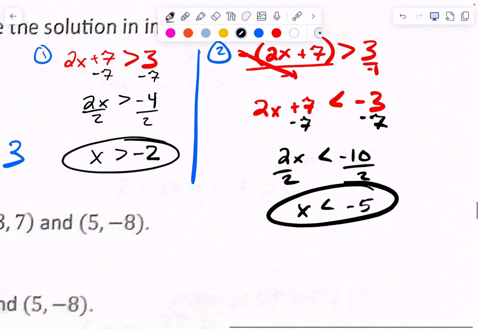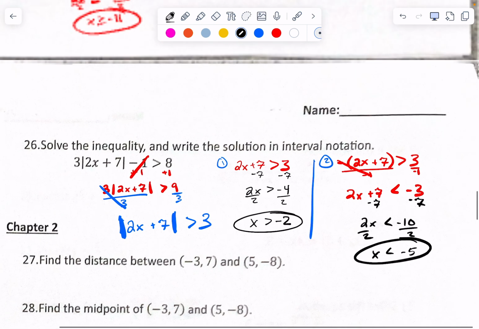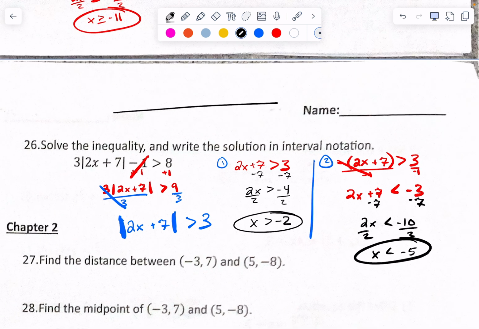That would write in interval notation. I'm going to put my graph up here. My two numbers are negative 2 and negative 5. Which one goes first on the left? Negative 5, and negative 2 goes here. And they are open circles. x is greater than negative 2, so that means negative 2 is going to the right.